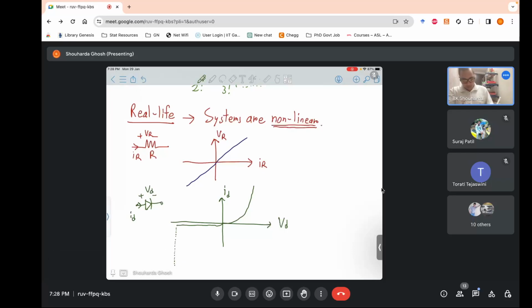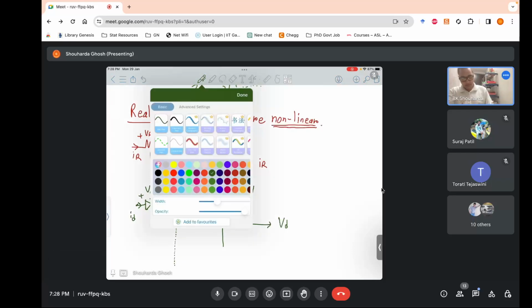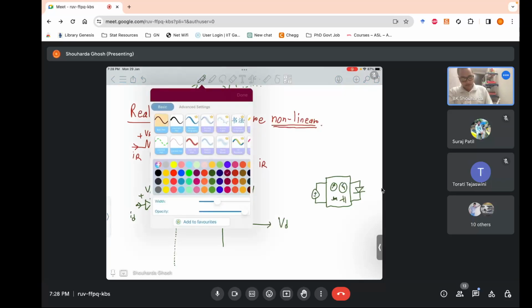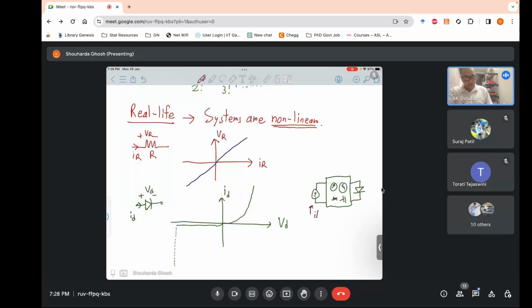Let's suppose I use some big circuit, resistors, capacitors, and along with that I use a diode. Now let's suppose this is the input signal.